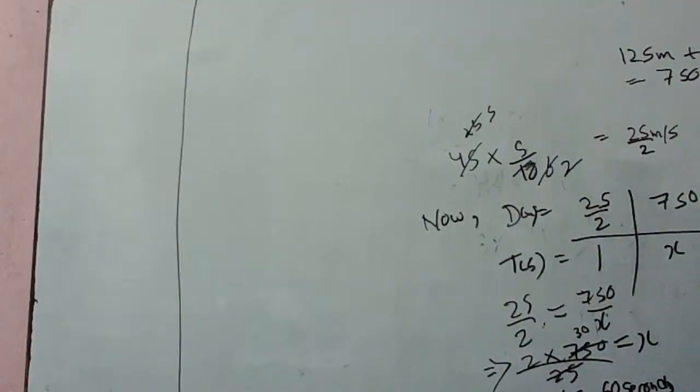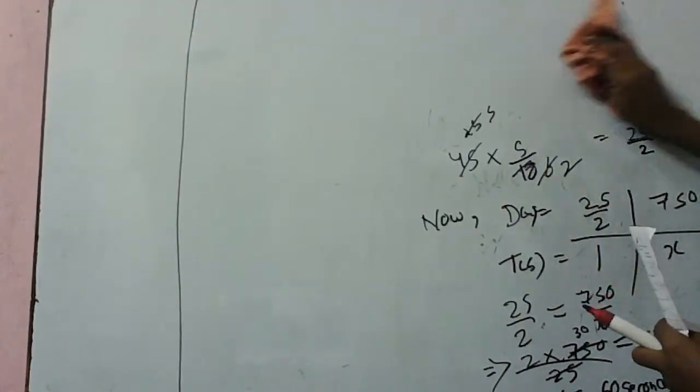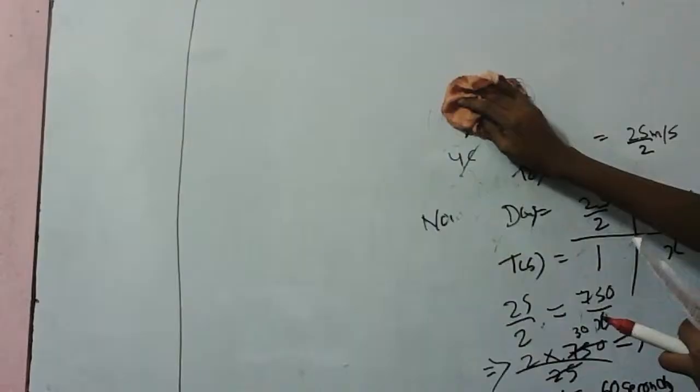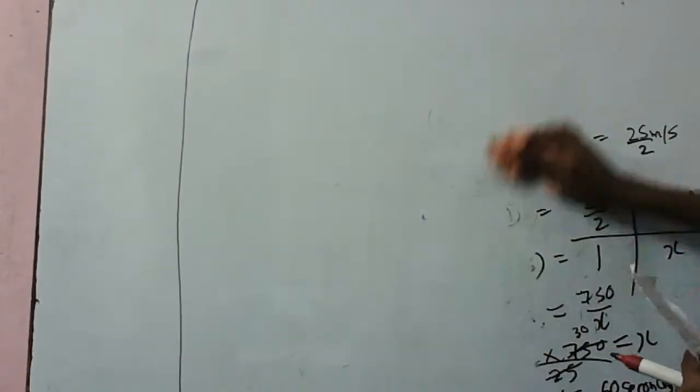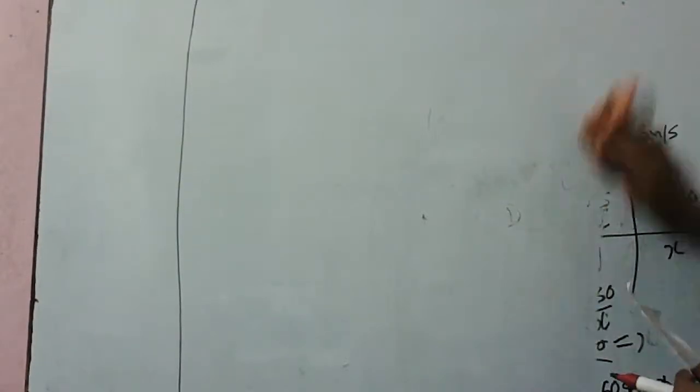Now the next question. It is also the question of direct and inverse variation. Chapter 4, worksheet number 1. It is the question of direct variation.